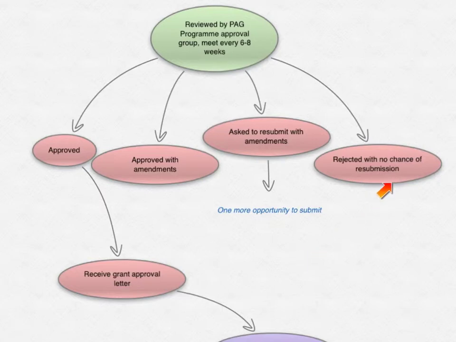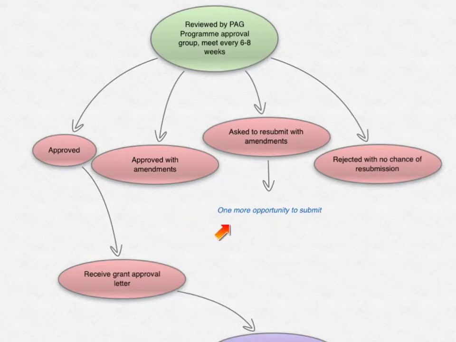Firstly, rejected with no chance of resubmission. Here the project hasn't met the criteria and the funders and the Programme Approval Group do not believe it is worth resubmitting. The second, most common, is they think the project has worth, but they ask us to resubmit, making various amendments that they've recommended.